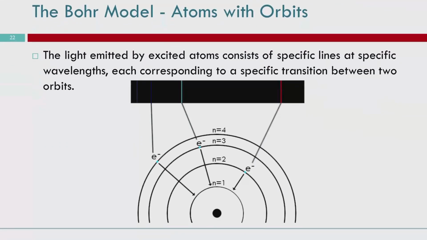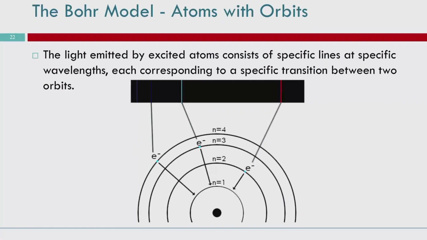And the light that's emitted by those excited atoms consists of some specific lines. Because these tracks are a fixed distance apart, anytime you jump from a higher track to a lower track, you're going to emit an energy that's associated with, or paired with, that distance. So anytime we jump from n equals 2 to n equals 1, this is always the same distance. It's always the same energy.